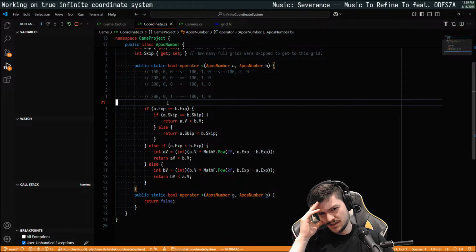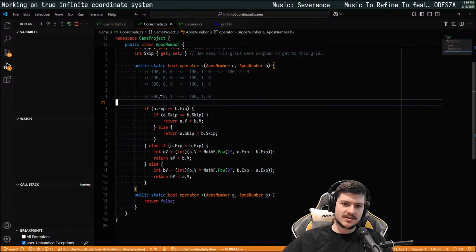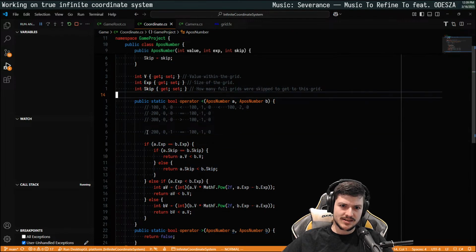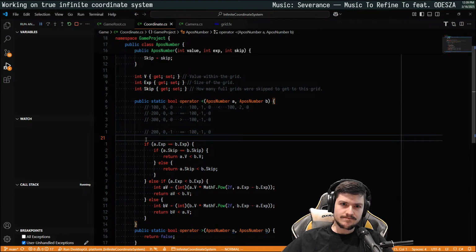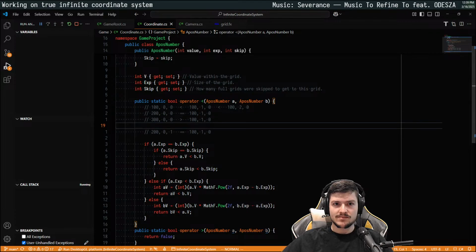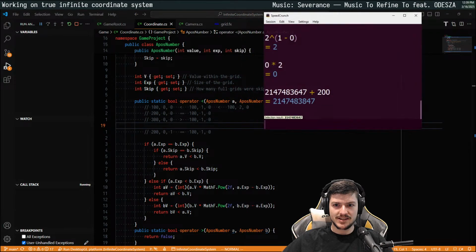If the numbers are different exponent, I need to put the math in a way that I can compare the skips. Is it a case where I gotta write down the numbers?